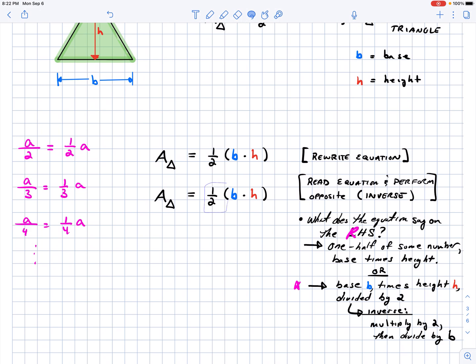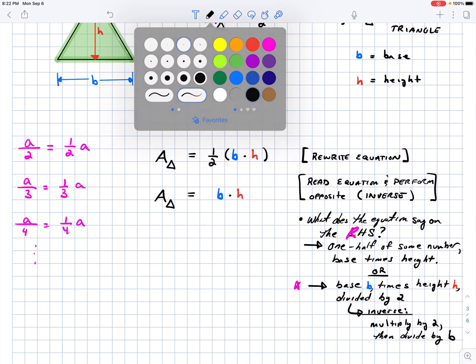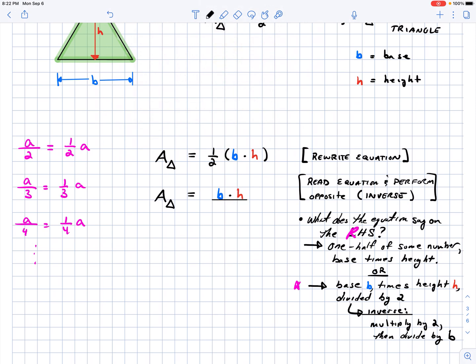So I'm going to take this out for a second. Not really a second, but a little while. There we go. Delete, delete. And then I'm going to move this over here a little bit, and then divide it all by 2. And these two things are saying the same thing.